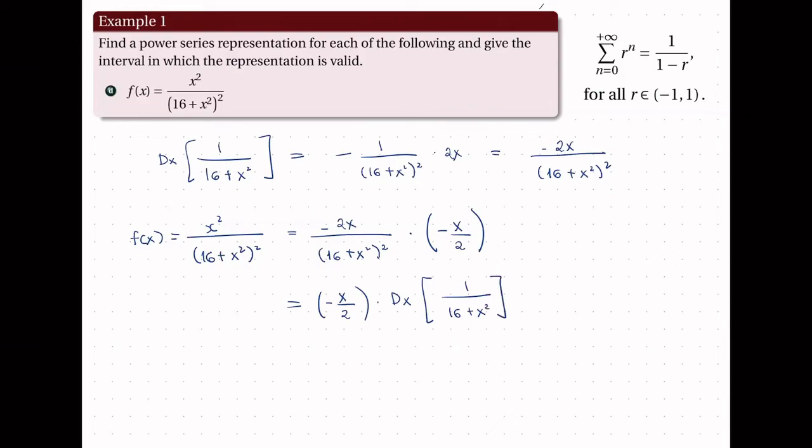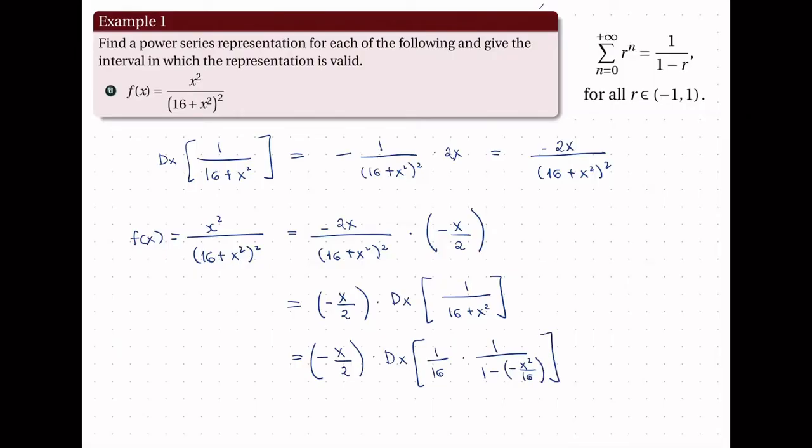Okay? And then, kung i-observe natin ito, pwede natin siyang i-transform to something of this form. Tama? So, doing that, we have negative x over 2 times the derivative with respect to x of 1 over 16 times 1 over 1 minus negative x squared over 16.